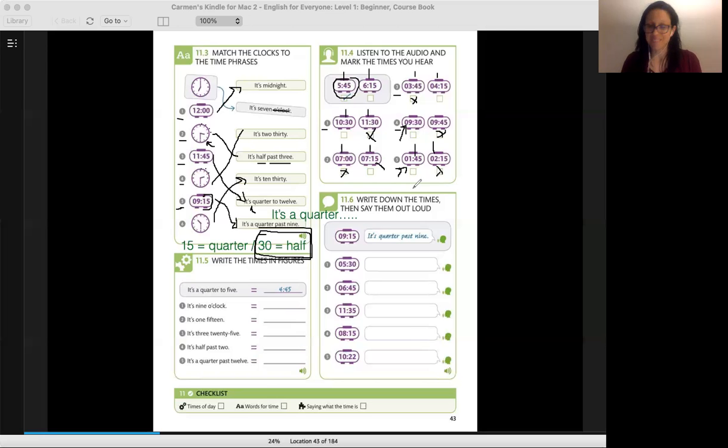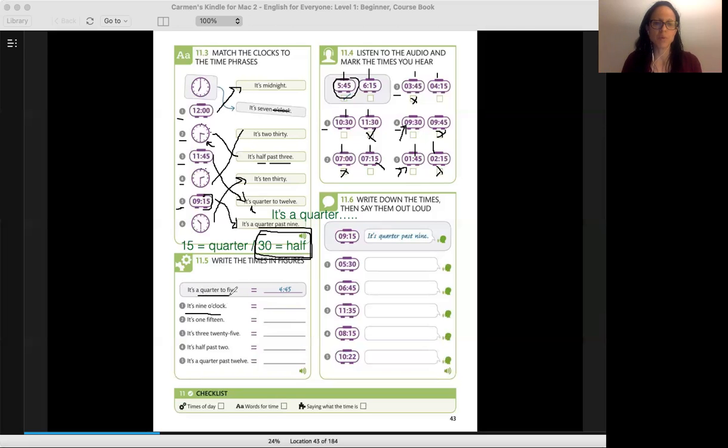Okay, let's continue on. We'll just keep practicing, okay? When trying to tell time, it's just best to practice as much as possible. Let's go ahead and write down the times in numbers. Here we're given the time in words, and we'll try to transfer them over into numbers, okay?